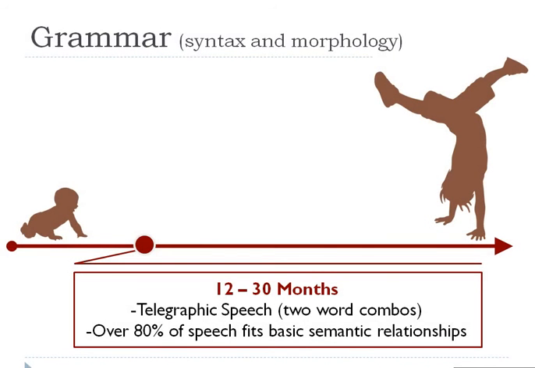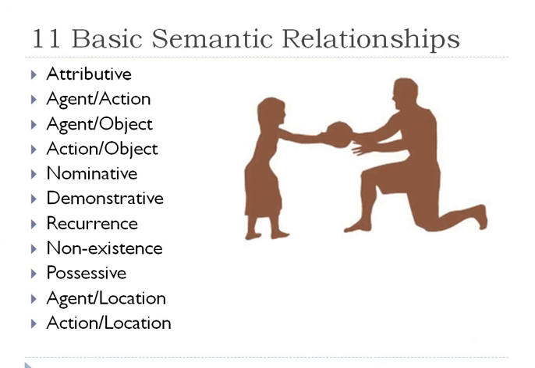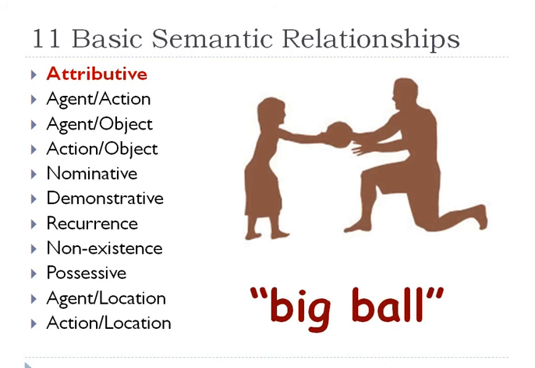Grammatical development really starts at about 12 to 30 months with telegraphic speech, meaning two-word combos. And over 80% of speech fits into about 11 basic semantic relationships. I'm going to show you a few of those. Attributive semantic relationship would attribute some quality to an object or person, a big ball.